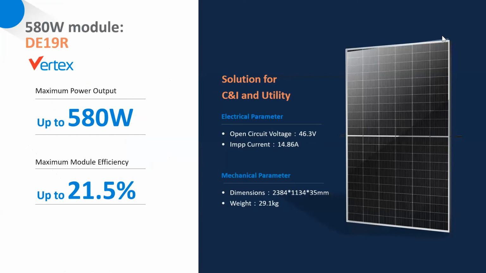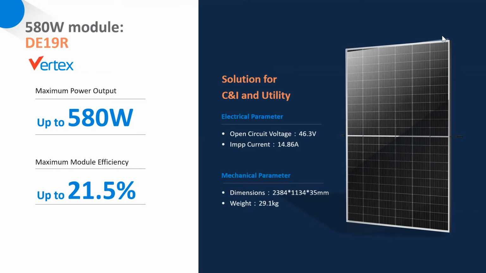And let me begin with this module. So our 580, the wattage or the size is 560 to 580 watt module, has an efficiency of 21.5. We think this is the best solution for CNI and also for utility, but I think this is perfect for CNI here in the Philippines.